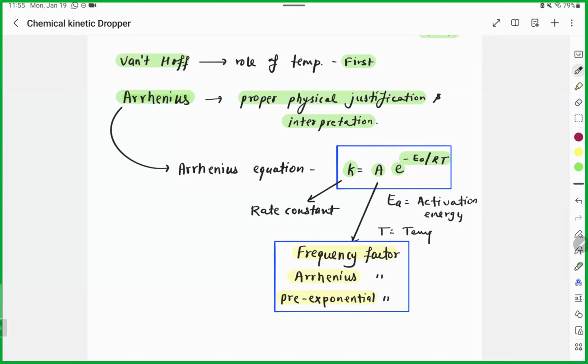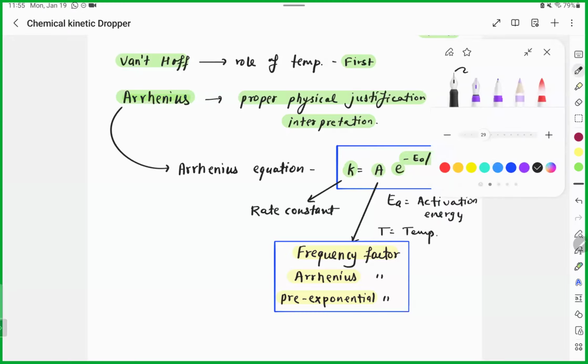Temperature. So, as we can see in this equation, if you have activation energy for a given reaction, temperature is the main factor that is changing. All others are constant. Activation energy for a given reaction is constant. The R value is fixed. Frequency factor or Arrhenius or pre-exponential factor is fixed for a given reaction.